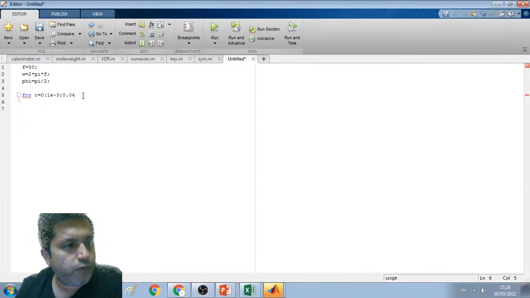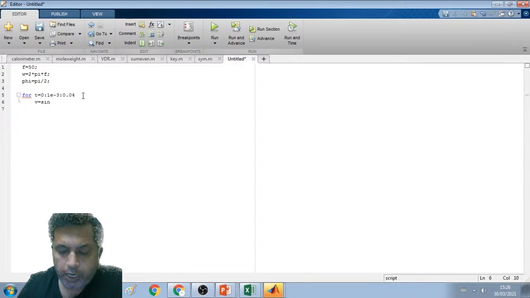This is a for loop. V is equal to sine of w star t, sine of not x, that is w star t. V equal to this. I equal to sine of w star t minus phi.